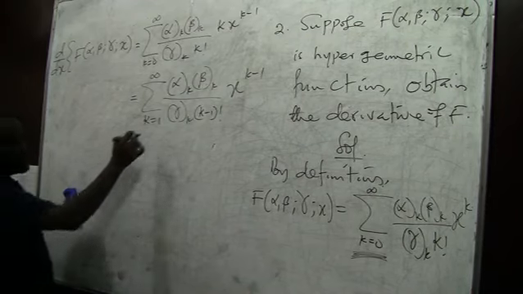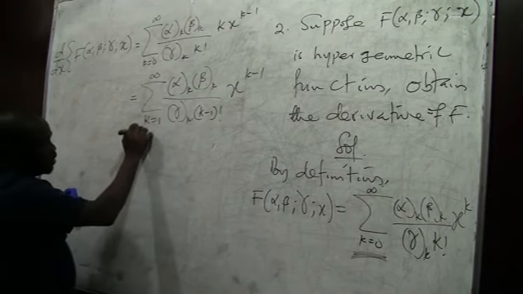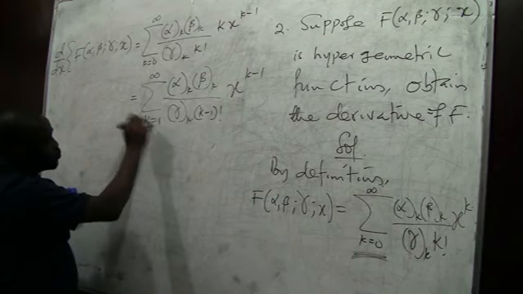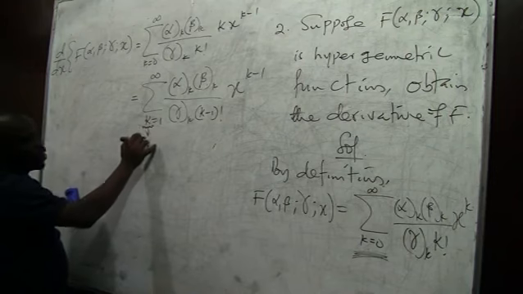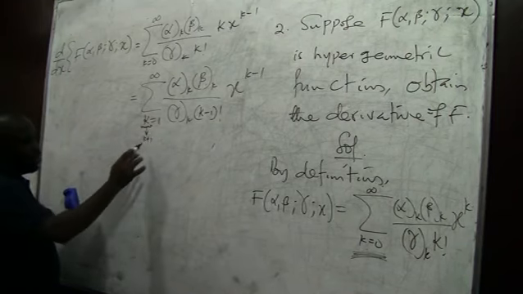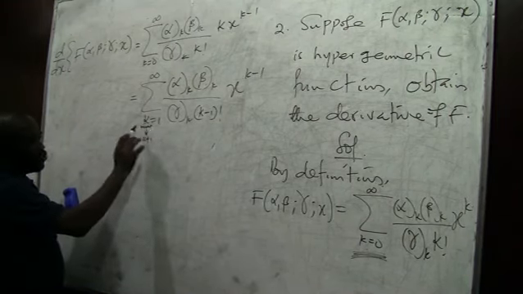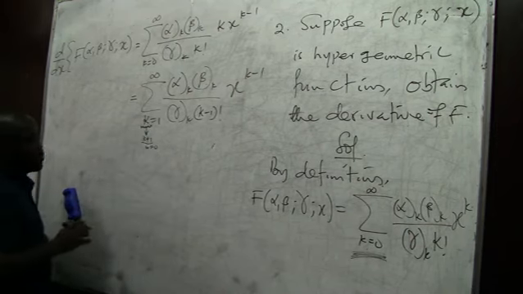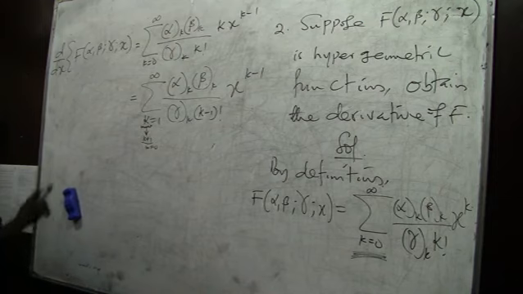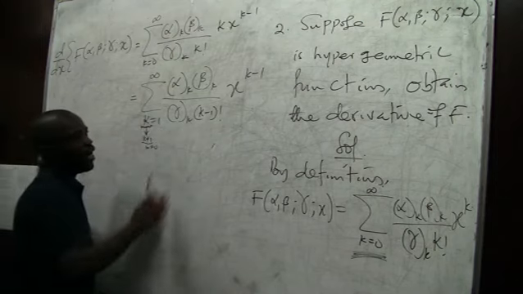And in order to make this start at 0, we need to transform this to k plus 1. So that by the time we subtract 1 from both sides, we naturally have our k become 0. What is the implication of that on the other terms?